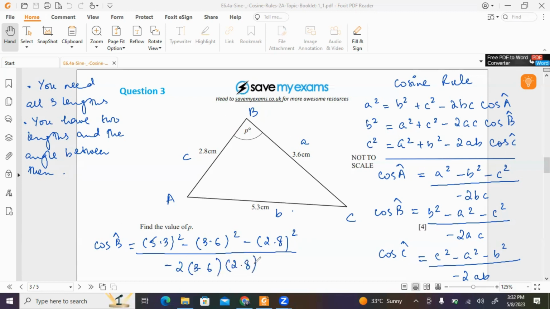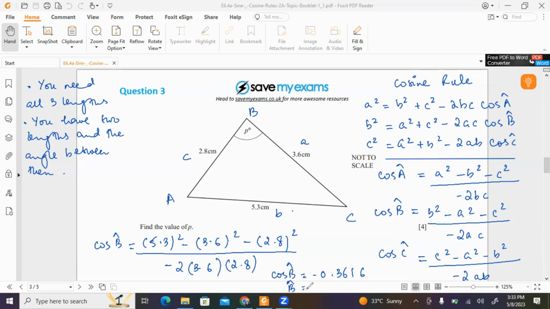Now we just plug this all in the calculator. 5.3 squared minus 3.6 squared minus 2.8 squared, all divided by negative 2 times 3.6 times 2.8, which gives us negative 0.366.